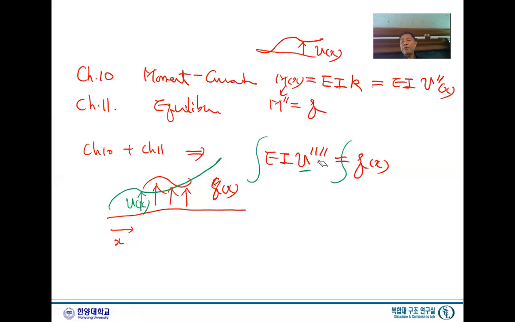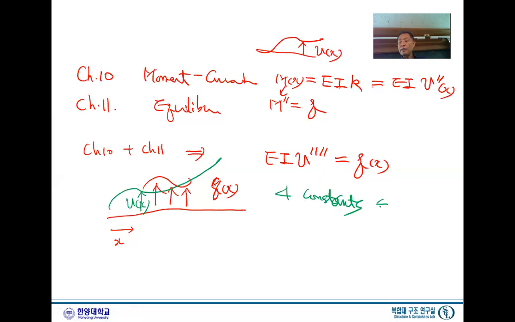Since this is a fourth order differential equation, you will have 4 integration constants. So 4 constants. Now, how do we determine these 4 integration constants?